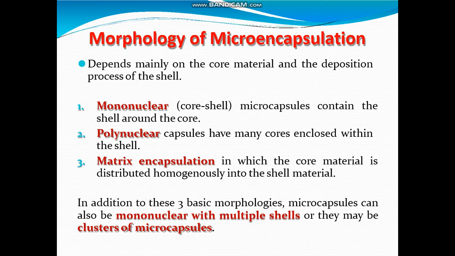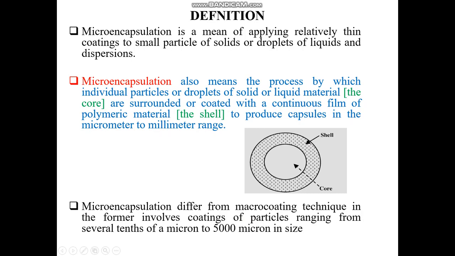Look at the morphology of microencapsulation. Microencapsulation depends mainly on the core materials and the deposition process of the shell. In microencapsulation there are two components: one is the core material and the second is the coating material.